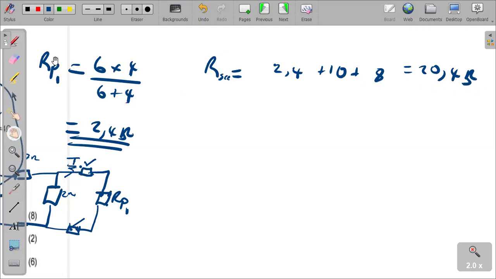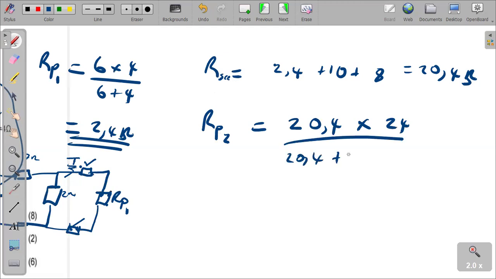That's the one which is in parallel with the 24 ohm resistor. So we start another RP2, the other combination of resistors in parallel. It is product over sum: 20.4 multiplied by 24 over 20.4 plus 24. Punching that on the calculator, we get 11.027 ohms to 3 decimal places.